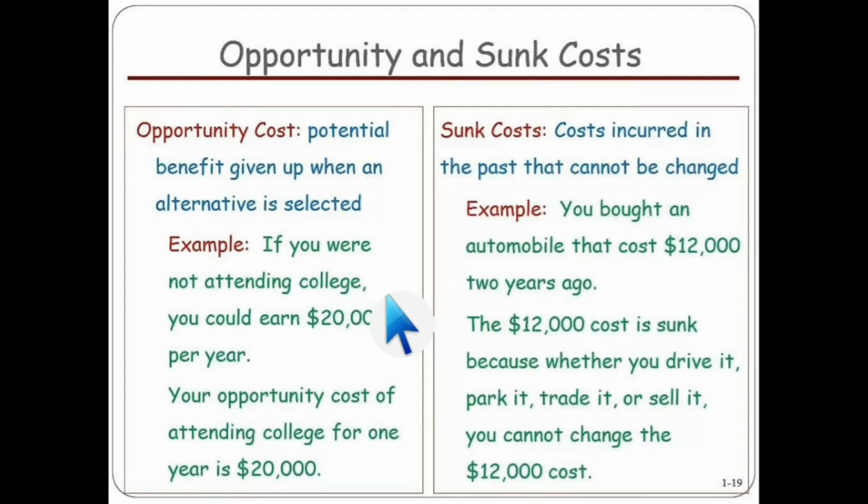But as you are joining college and you left that job, your opportunity cost becomes $20,000. But in case of sunk cost, you bought an automobile that cost $12,000 2 years ago. This $12,000 cost is sunk cost, because whether you drive it, park it, trade it or sell it, you cannot change the $12,000 cost. Okay, so that is sunk cost, you have already done it.